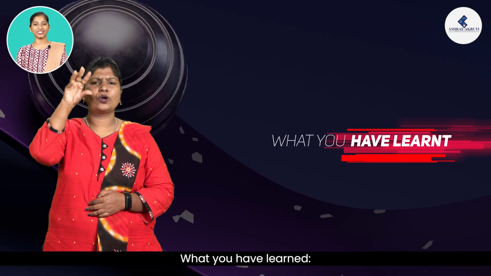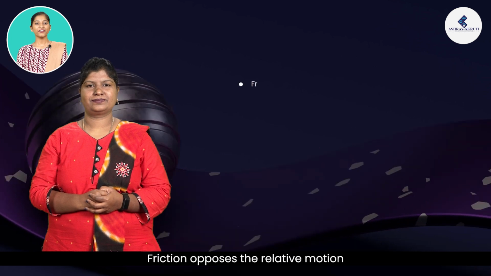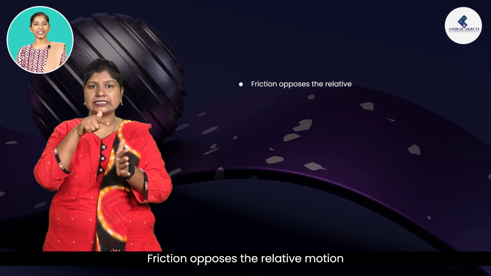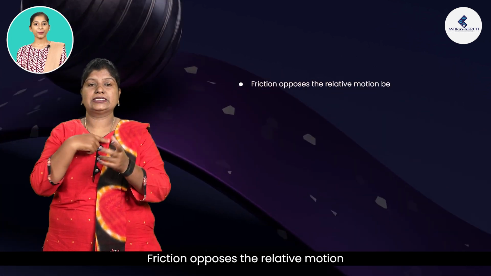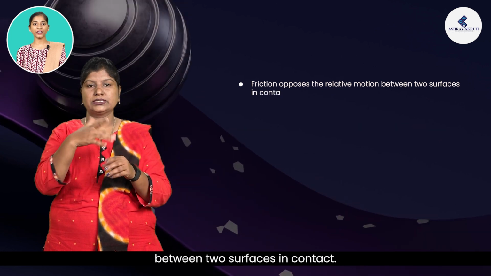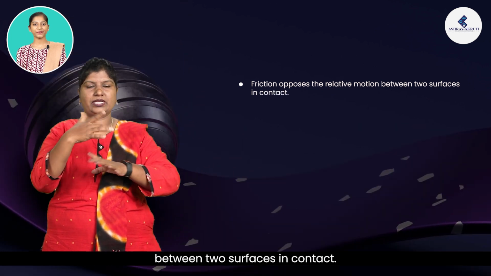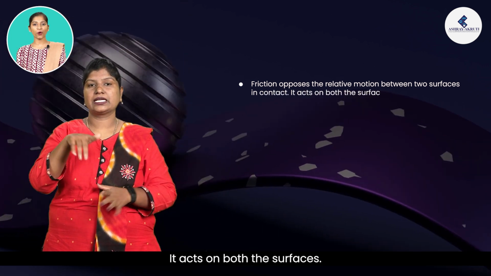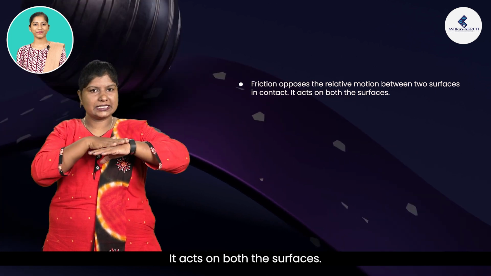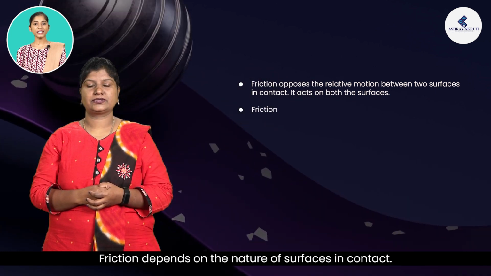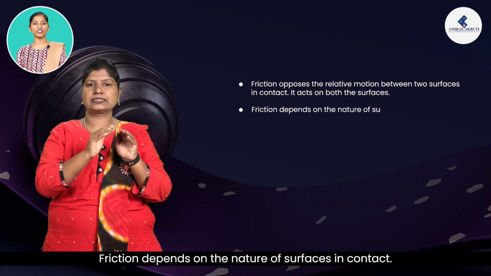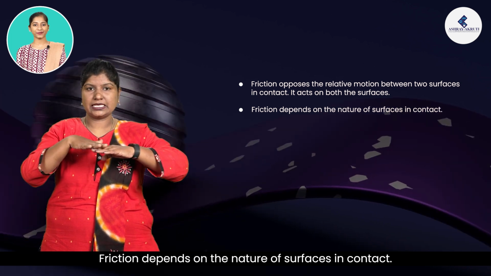What you have learnt? Friction opposes the relative motion between two surfaces in contact. It acts on both the surfaces. Friction depends on the nature of the surfaces in contact.